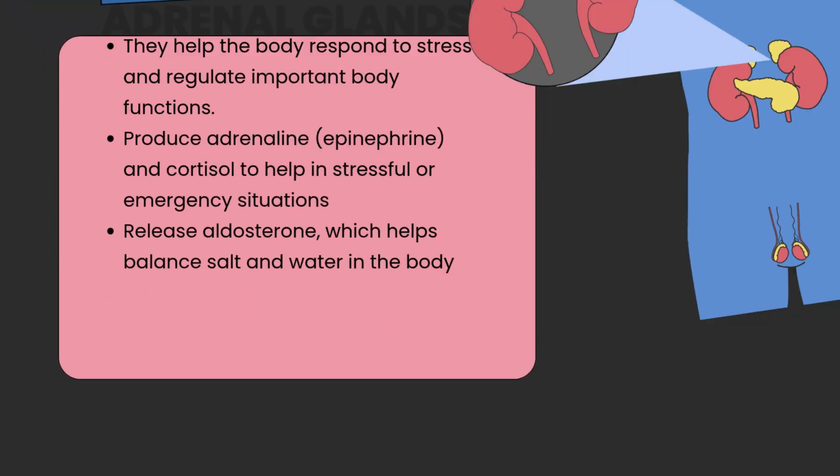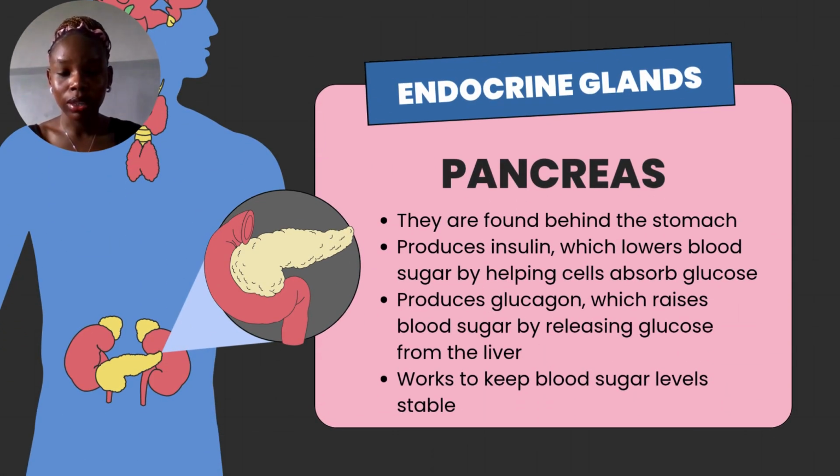The next hormone is from the pancreas. I told you that the pancreas is found behind the stomach. If you can recall last week, we talked about the liver, and I told you that the pancreas is found behind the stomach, and it produces a very important hormone called insulin. And you know what insulin does? It helps to convert excess glucose into glycogen. And another hormone converts glycogen back.